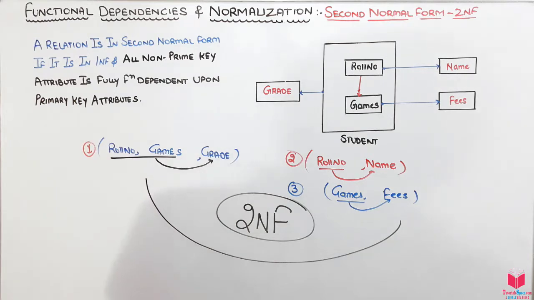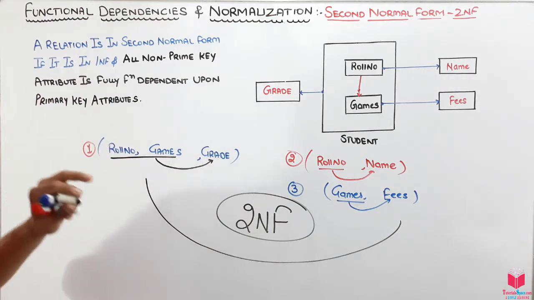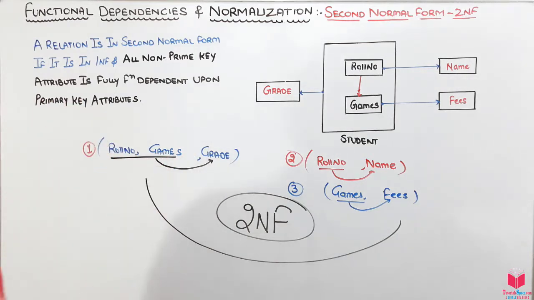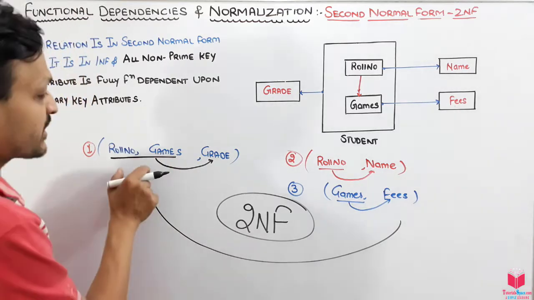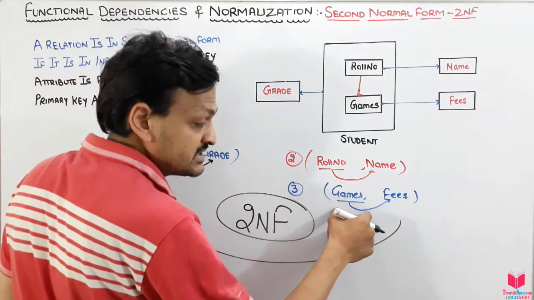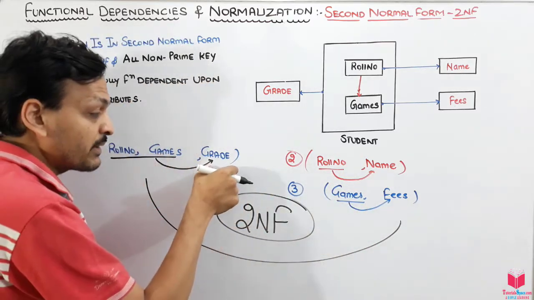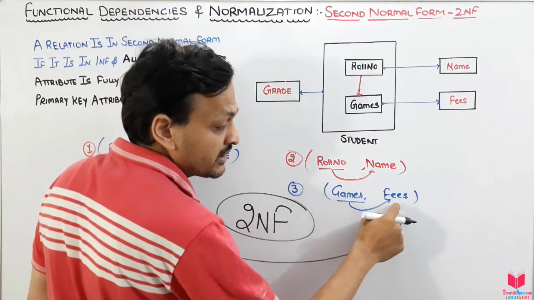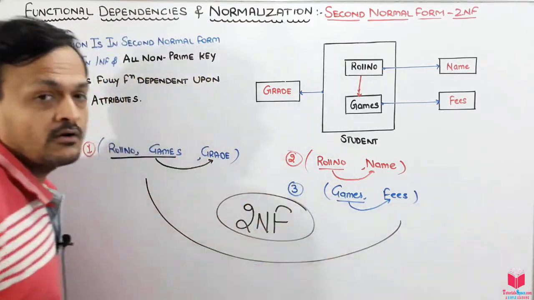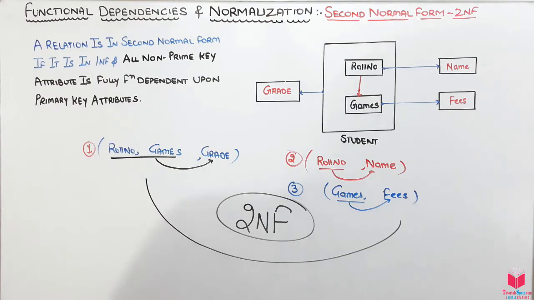This fulfills the whole definition of second normal form: all non-prime key attributes are fully functionally dependent upon the prime key attribute. This is the prime key attribute, this is the prime key attribute, and this is the non-prime key attribute which is fully functionally dependent upon all prime key attributes. Okay guys, so this is all about the second normal form.